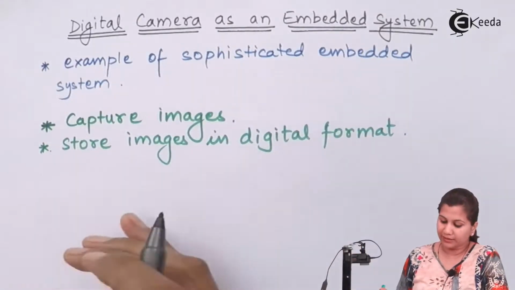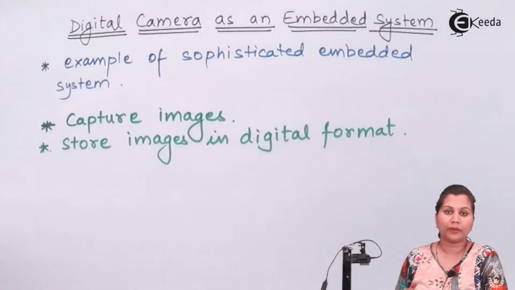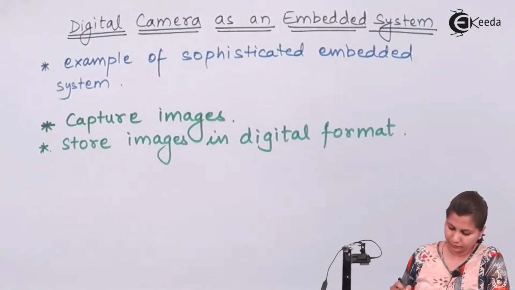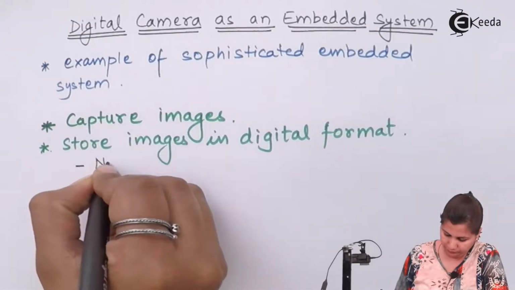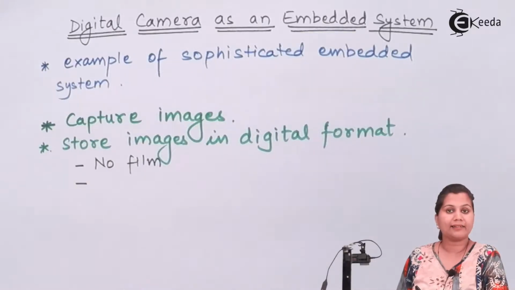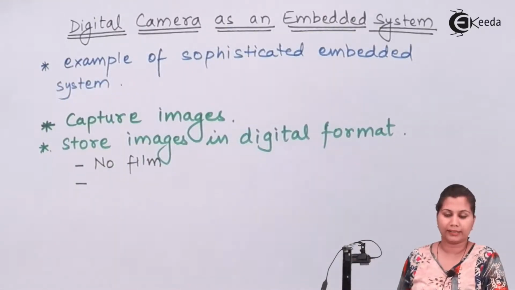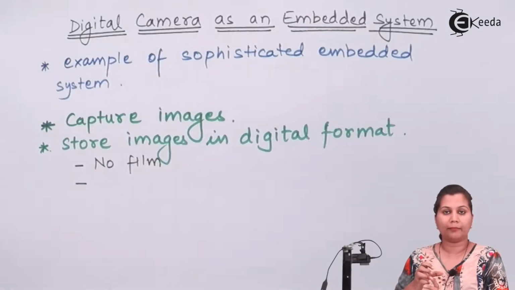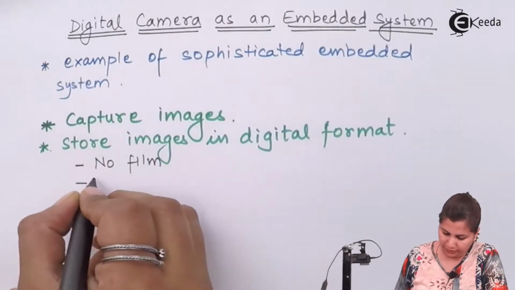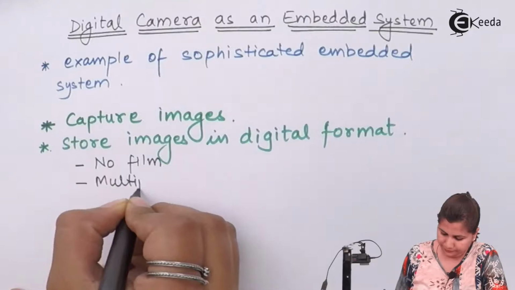Now, in a digital camera, no film is included. And as there is no film, multiple images can be taken in the camera, so the number of pictures captured is also more.